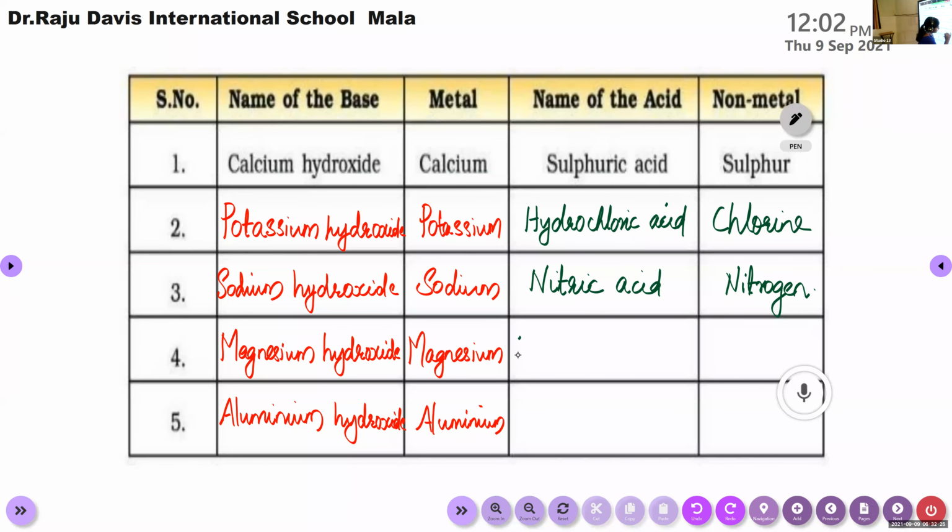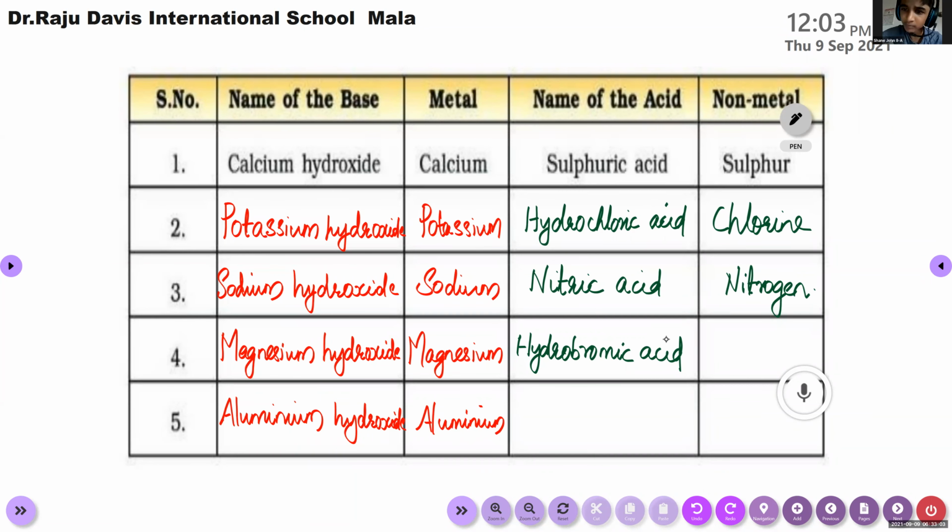Then I will write the name of another one. Gauri Shankari. It's hydrobromic acid. Which non-metal is present? Shane, can you tell me? Hydrobromic acid. So which non-metal is present?